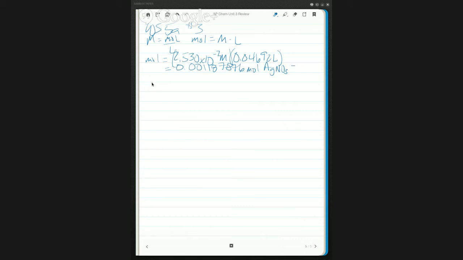Once we have the moles of silver nitrate, we want to know the moles of chloride. If you look at your paper, you see that Cl minus plus Ag plus yields AgCl, so it's going to be a 1-to-1 ratio, 0.00118. Why don't we just do this?